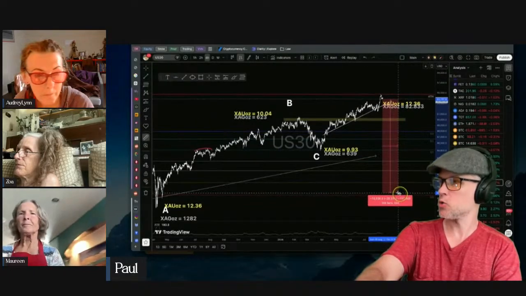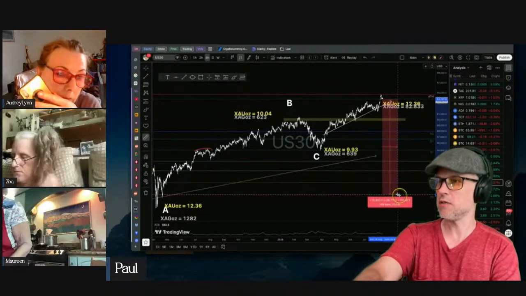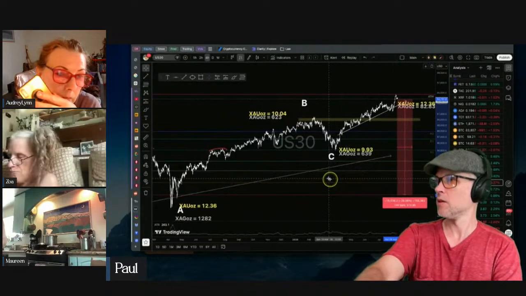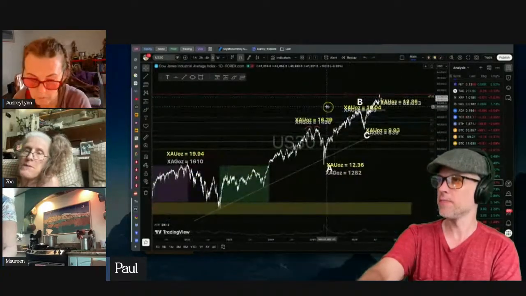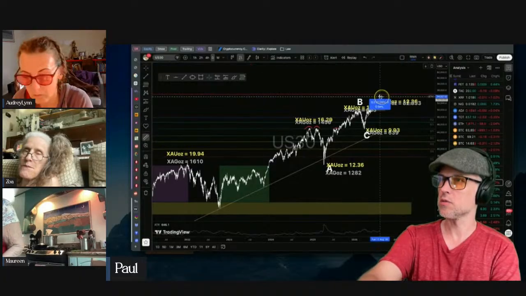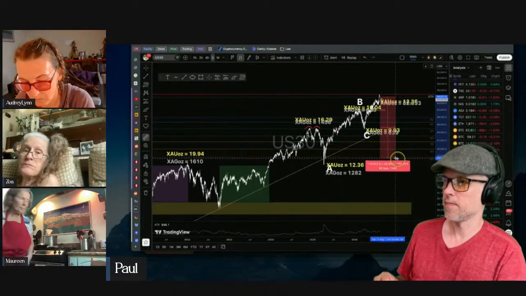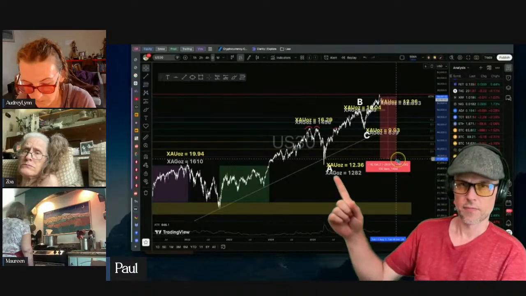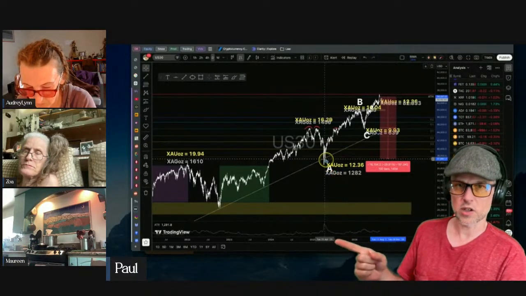If the markets were to crash now, like the 28 to 30% that would be expected, we can zoom out and see just where 20 to 30% would take us. Well, here's 30% right here. Oh, look at market structure from April 2025.